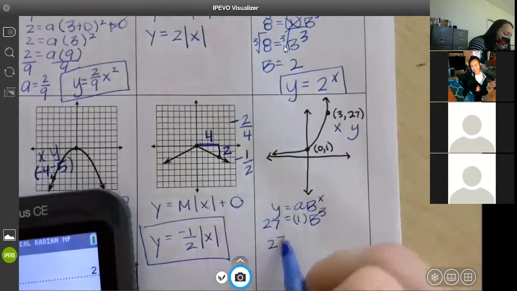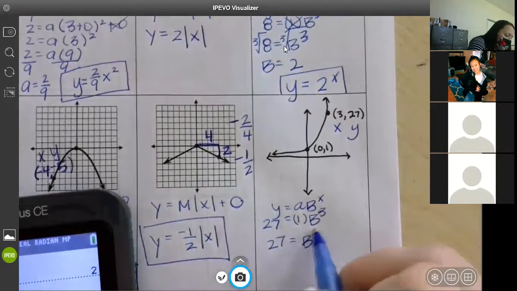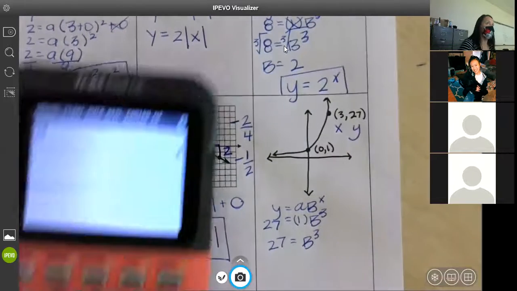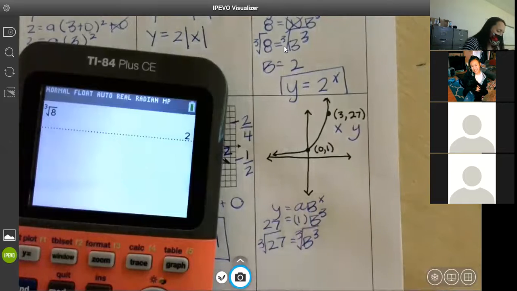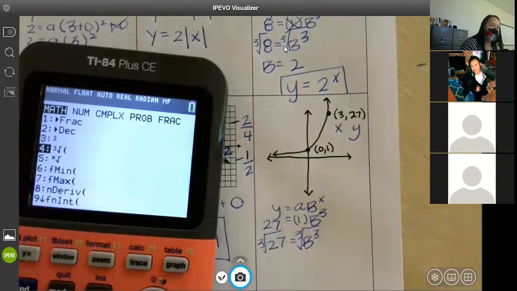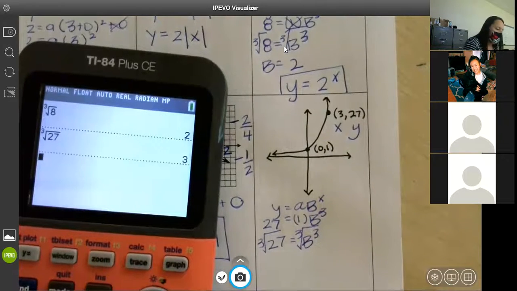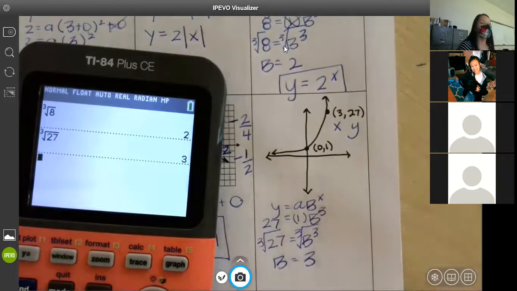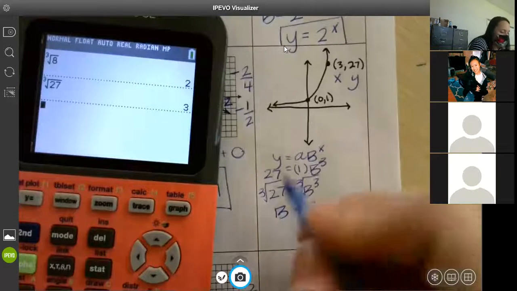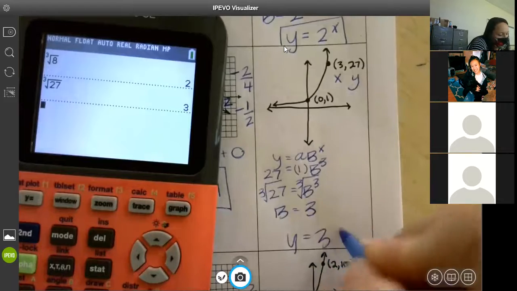So what we're looking for is what to the third power gives us 27. So we'll take that cube root again, math 4 of 27, and we get 3. So our equation is y equals 3 to the x.